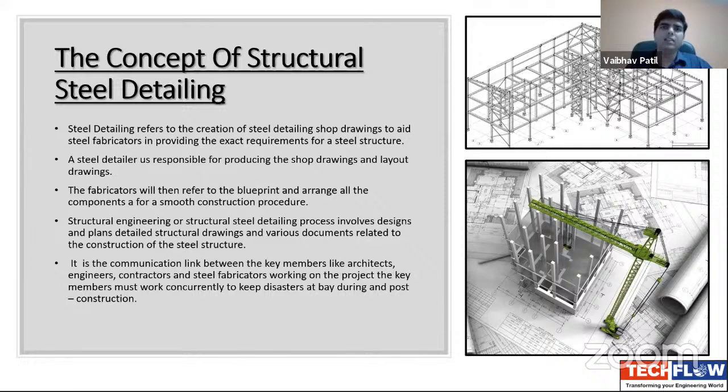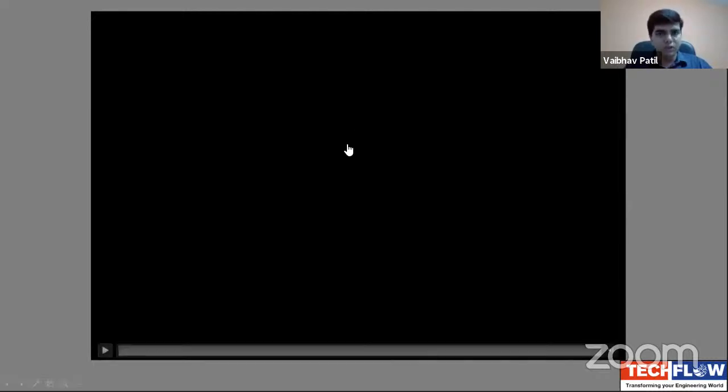AutoCAD is manual work, where you can draw everything. But recently we have automatic 3D software, which is useful for fast steel detailing. I will show you two videos to understand what steel detailing is and how it comes from raw. It will be easy for you to understand it more.